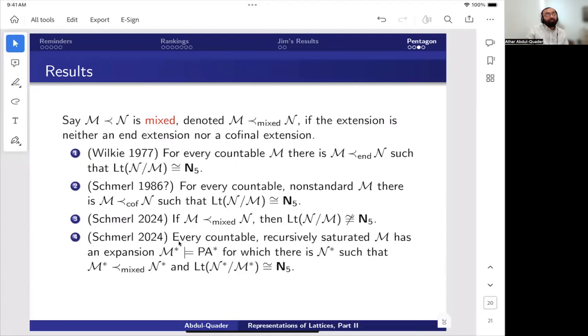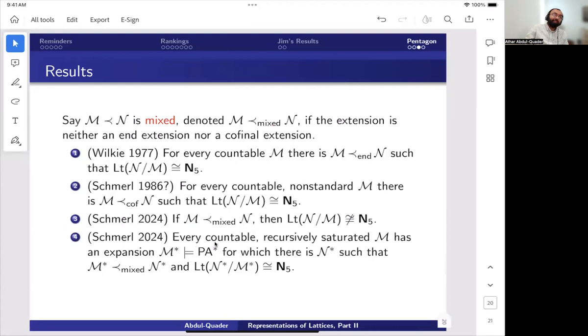But there was a very interesting result at the end of that paper as well, that said that this result 3 does not generalize to models of PA star.